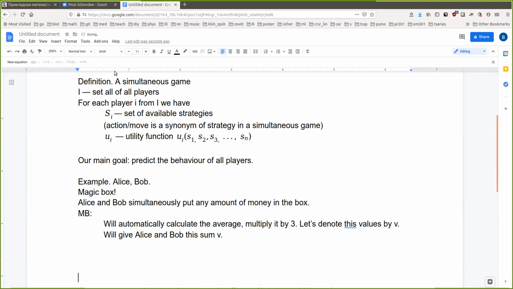Okay, and I have 2 goals. The first goal is to learn to formalize the abstract idea into a mathematically strict object. And then let's try to predict what will happen.